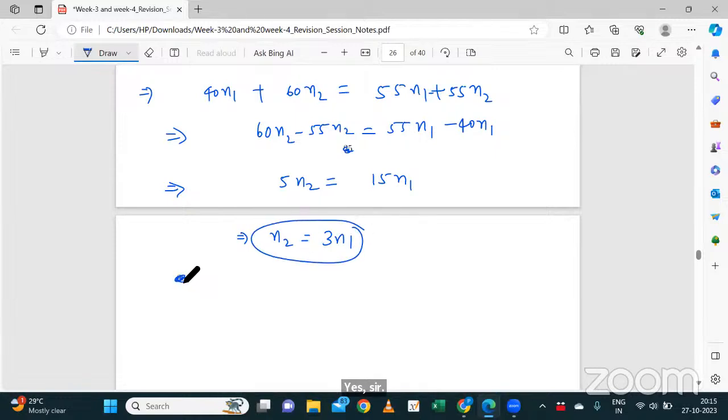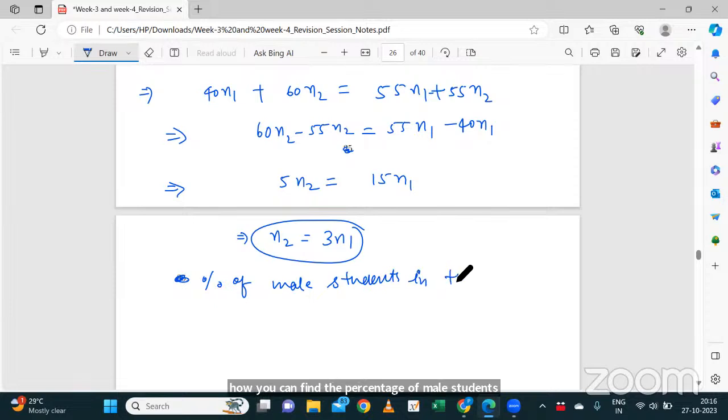Now it asks what is the percentage of male. We don't know the number of males and females, but from where can I get the percentage of male students? How can you find the percentage of male students in the college?